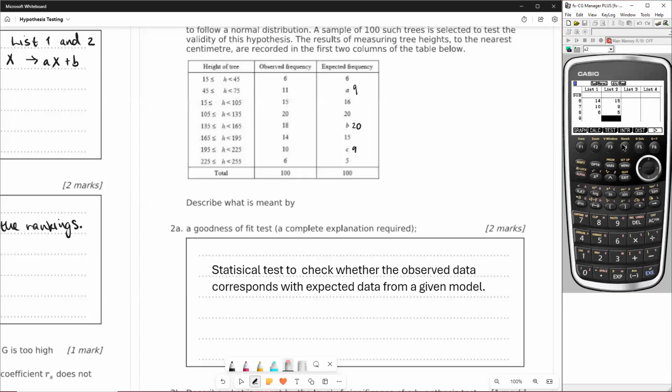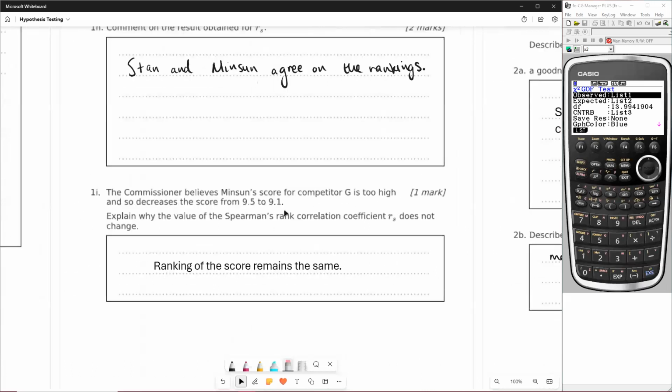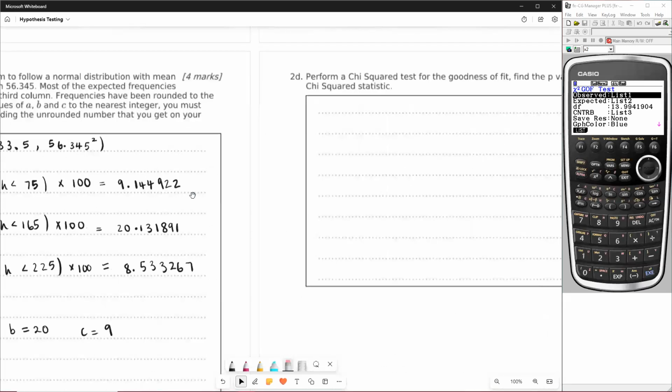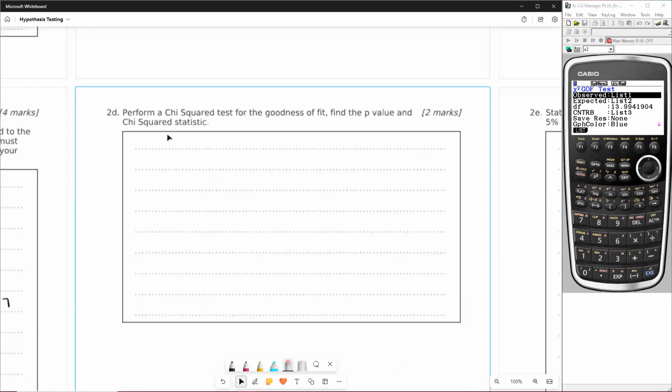So then we go to the tests, the chi-square test. We're doing a goodness of fit test. You can see that it says observed is list 1, expected is list 2. And then for this one, we're going to need to actually work out the degrees of freedom. Unlike all the other tests, that wasn't really required. But let's write it down.